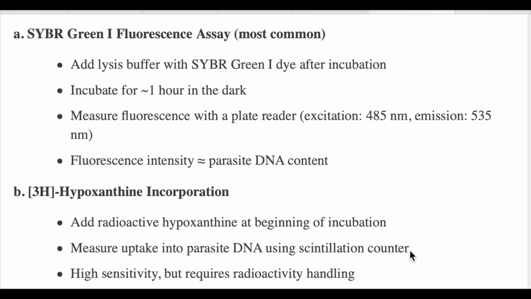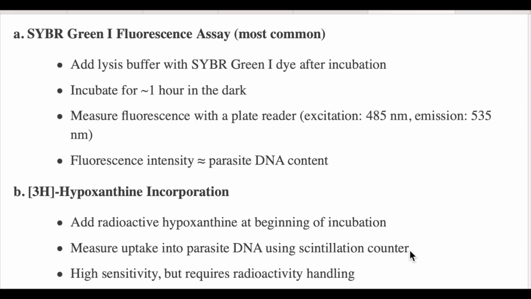Then you measure the uptake into parasite DNA using a scintillation counter. So this is quite a sensitive approach, but it does require radioactivity, and so you may not want to handle that if you don't have great procedures in place for safety.